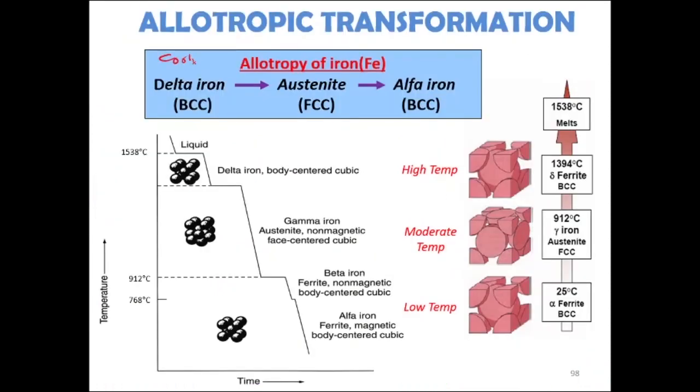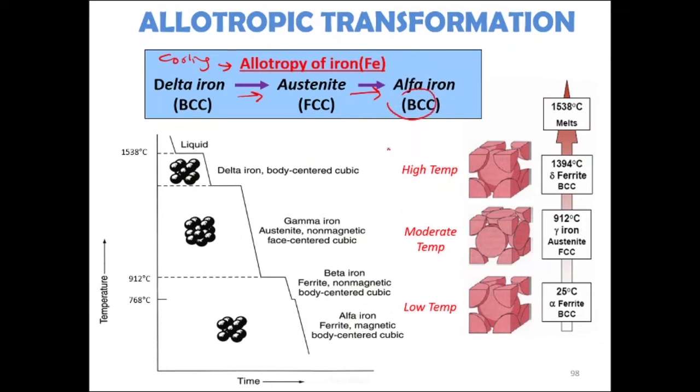Upon cooling, the allotropy of iron changes from delta iron with a BCC lattice structure into austenite with an FCC lattice structure, and then when we further cool it down, it changes into alpha iron or ferrite, which is in BCC lattice structure.